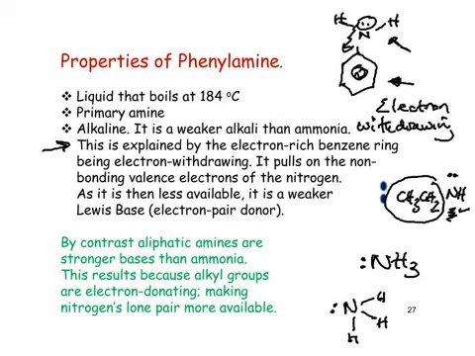Alkyl groups are electron donating, and if they're donating electrons towards that nitrogen, it is going to be more inclined to give up that non-bonding electron pair, and that explains why aliphatic amines are stronger than ammonia, and the bigger this alkyl group is, the better in terms of making a somewhat stronger weak base.